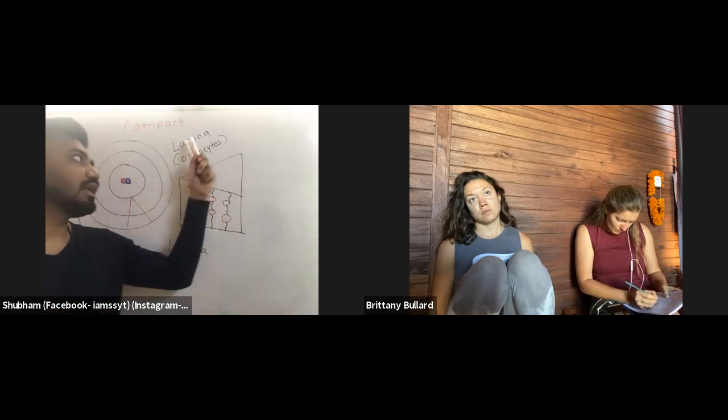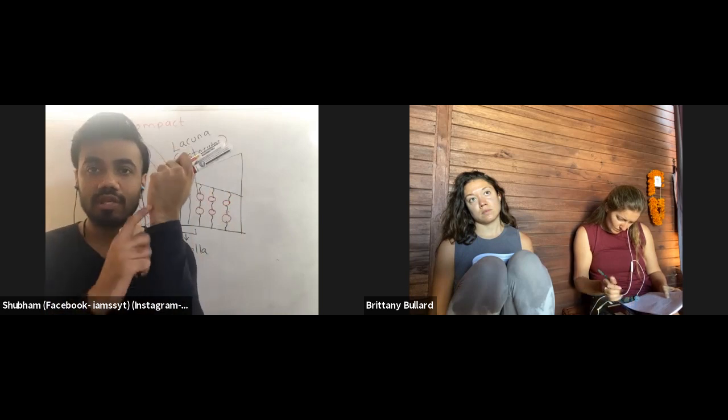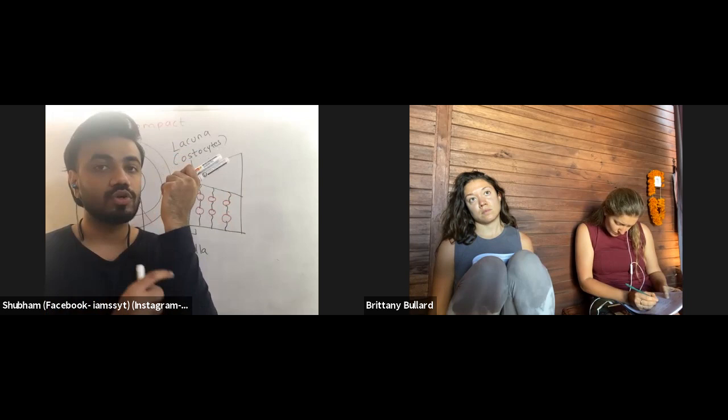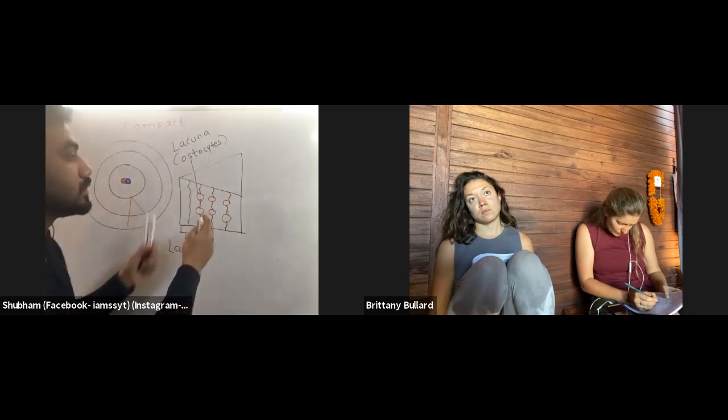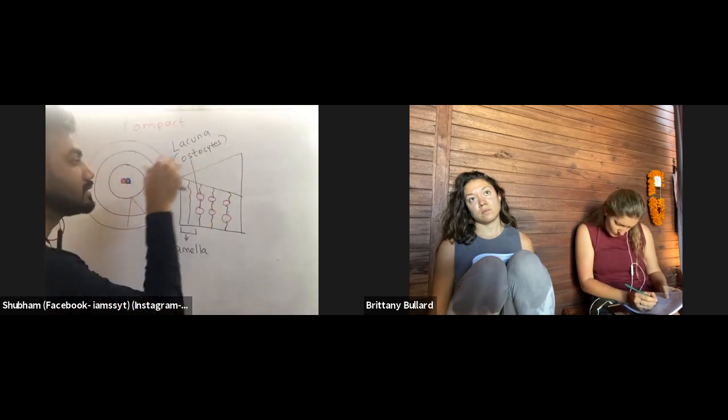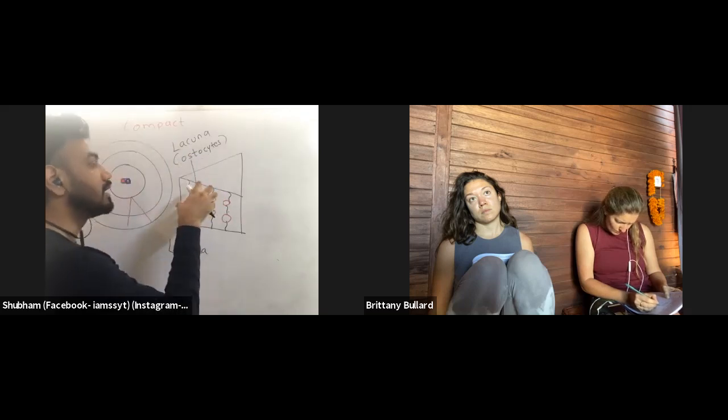So here in this lacuna in our bone, there are osteocytes present. Osteoblasts are present on the surface of the compact bone, where there is a fracture or injury of the bone, to form new bone. And osteocytes are inside, deep inside.